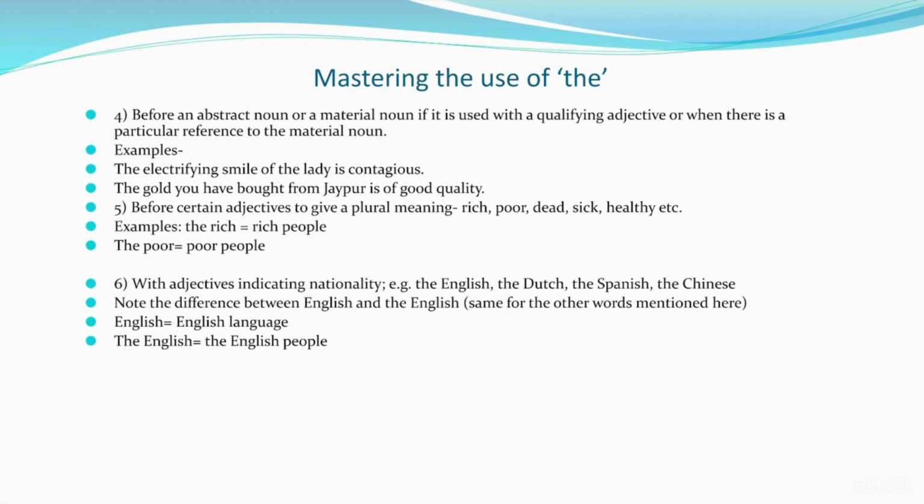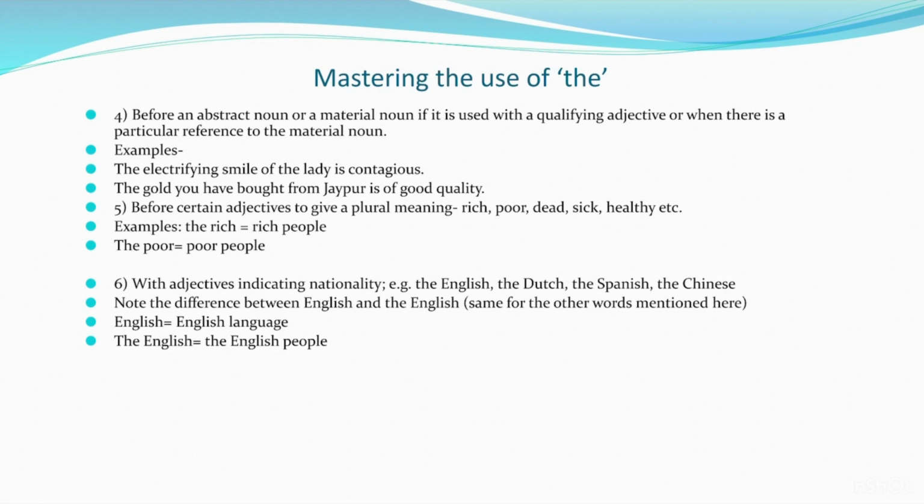Next, with adjectives indicating nationality. For example, the English, the Dutch, the Spanish, the Chinese. Here you must note the difference between English and the English, or Spanish and the Spanish.